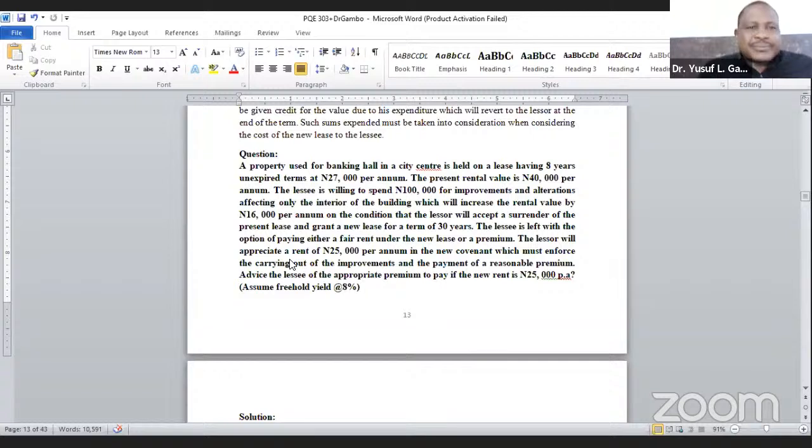Now, on the condition that the lessor, that is the landlord, will accept a surrender of the present lease and grant a new lease for a term of 30 years.